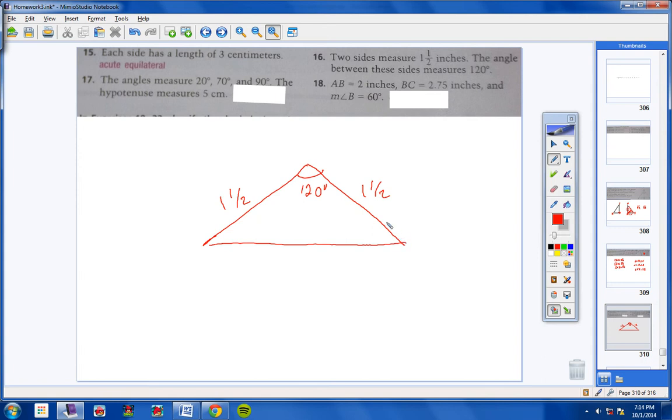So what do we have? Based on the sides, we have an isosceles triangle because 2 sides are congruent, and based on the angles, we have an obtuse triangle because 1 angle is bigger than 90. So what we have for number 16 is an obtuse isosceles triangle.